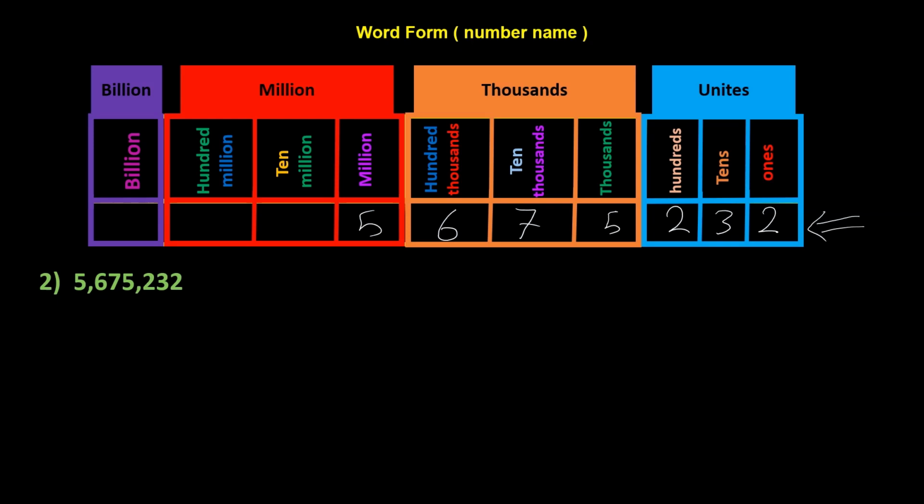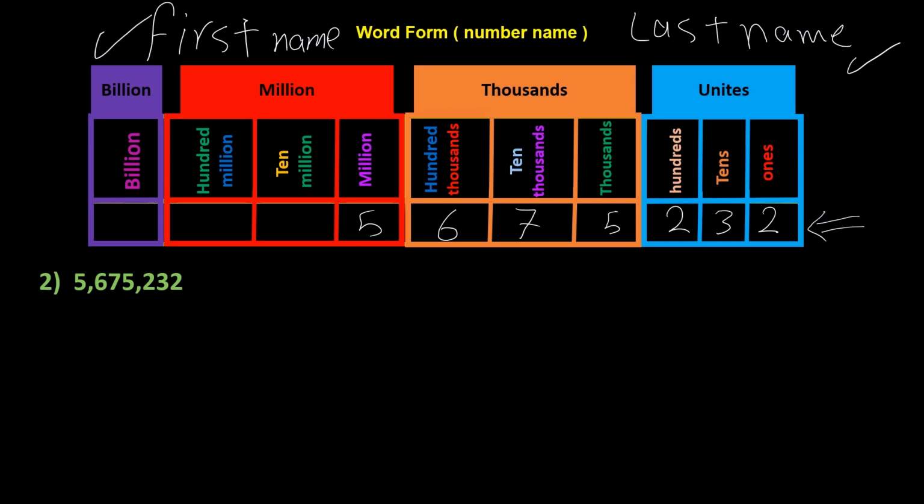By the way, if you want to write any number in word form or in number name, you have to think about the first name and the last name. What does that mean, teacher? First name and the last name. Remember this, my friends. For example, here we have what?